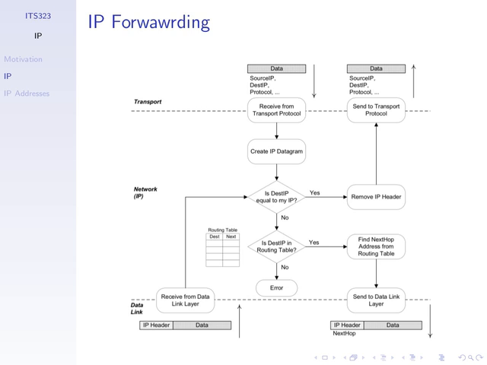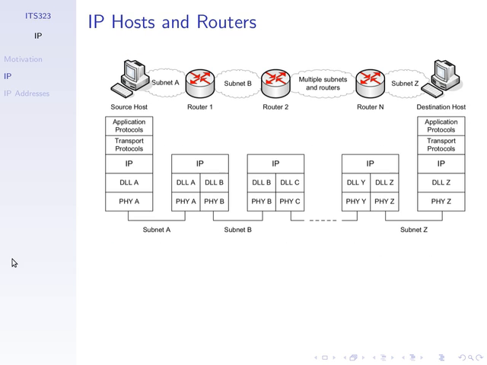Which transport protocol is determined by the protocol number in the header. The transport protocol will process, send to the application layer, the application will process, and then you have the data. So when the destination host receives it, IP removes the header and sends the contained data to the transport layer, which then sends it to the application, and then we've received the data at the destination application.